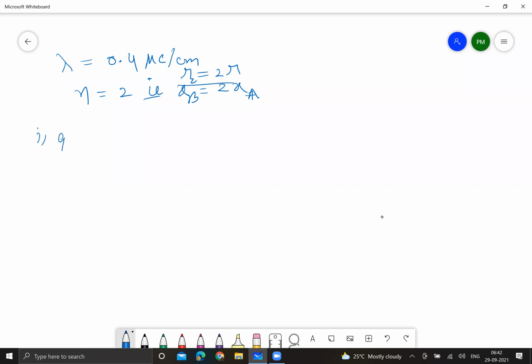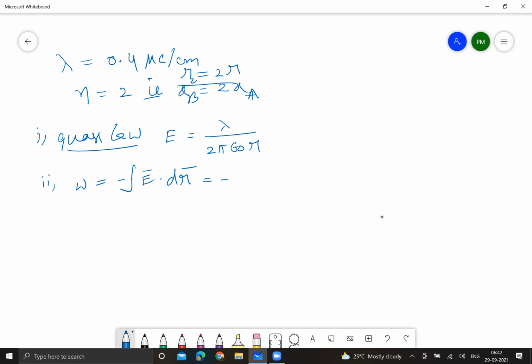So first step, already we discussed it, by Gauss law, E is equal to lambda by 2 pi epsilon 0 R. And from that, work done is, of course, minus E dot dr. It is moved eta times, two times farther from the thread.